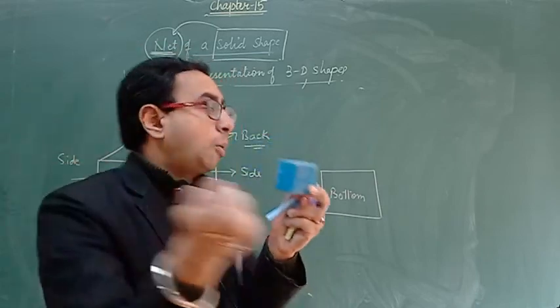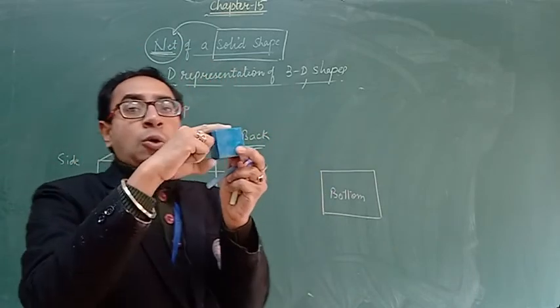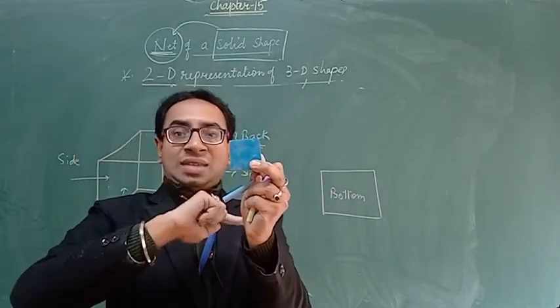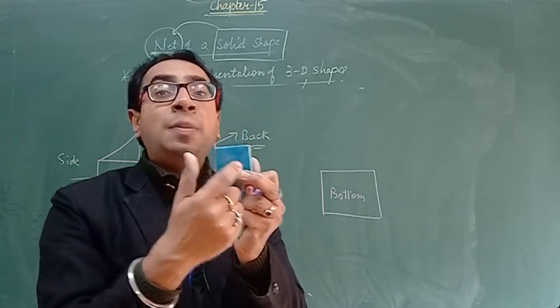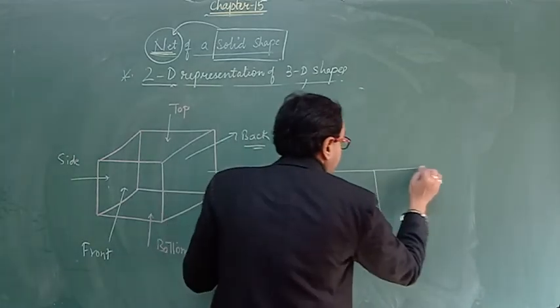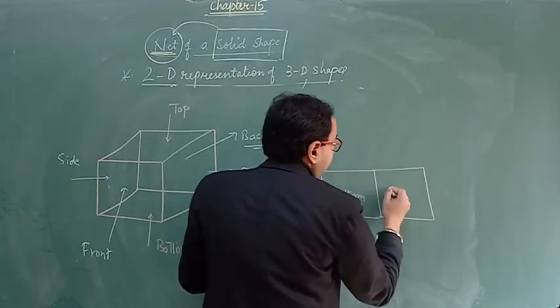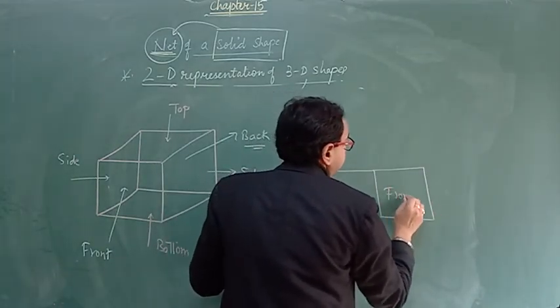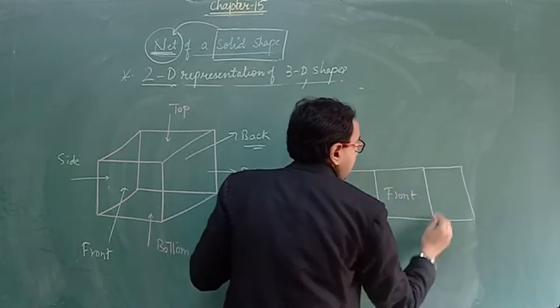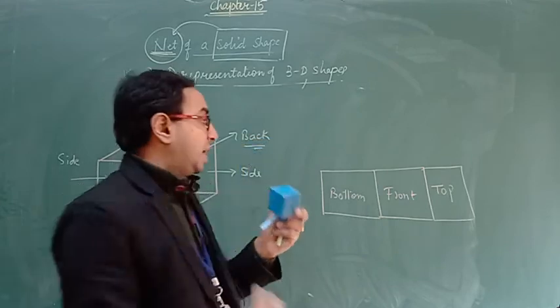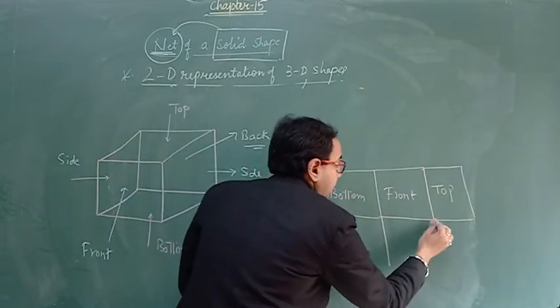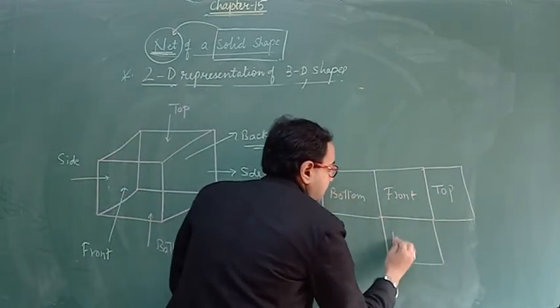First, what will happen? Top. Once the top opens, either the top will come this side or that side. But along with the top, one of the sides, either the front or back, will go. So on opening, I can write front, and here is top. Clear? Now, if this is going this side, this will go for sure this side.